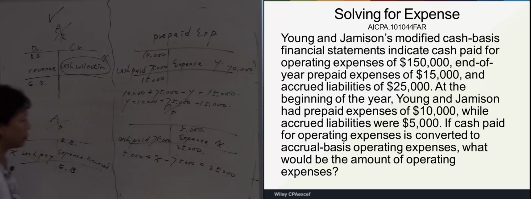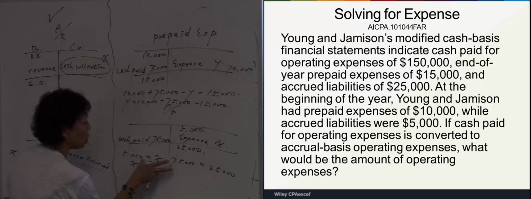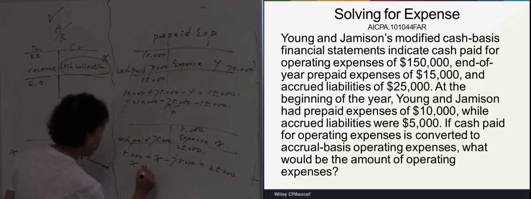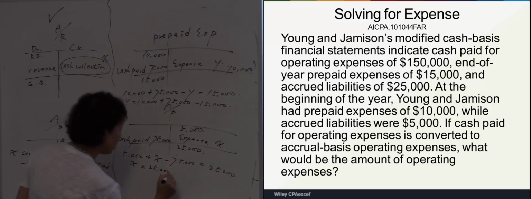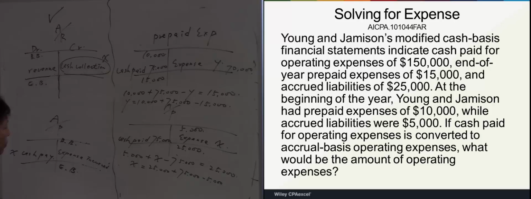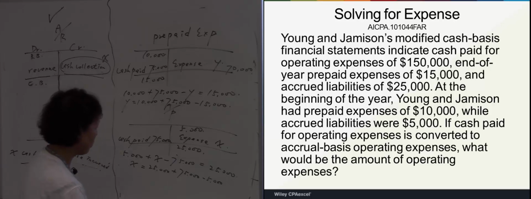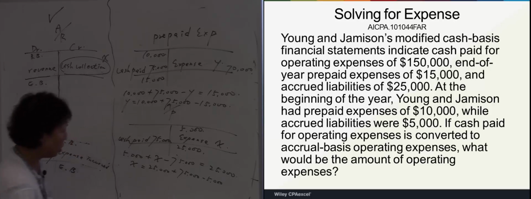Am I right? Yes. To solve for x, we move these two amounts to the other side, so it becomes 25,000 plus 75,000 minus 5,000. So do we have 95,000? 45? No?